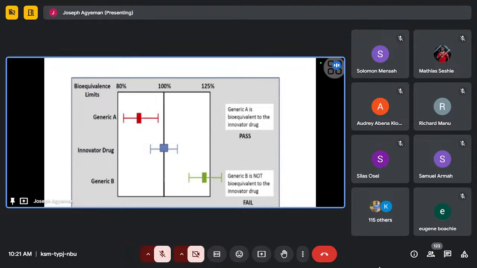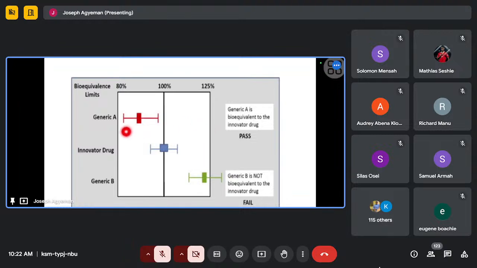Better use innovator brand. Another example, you are comparing this red drug and the green drug in terms of bioavailability or bioequivalence to the innovator, that is the blue drug. And your predefined limit is 80% to 125%. You are okay with it. Always the innovator is at the perfect point, 100%. So it means that for any drug to be said to be bioequivalent to the innovator, it should fall between 80% to 125%.